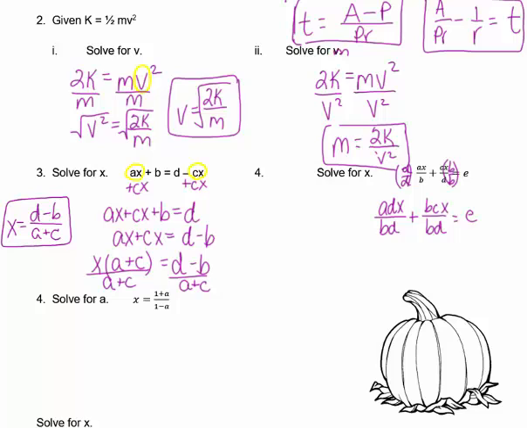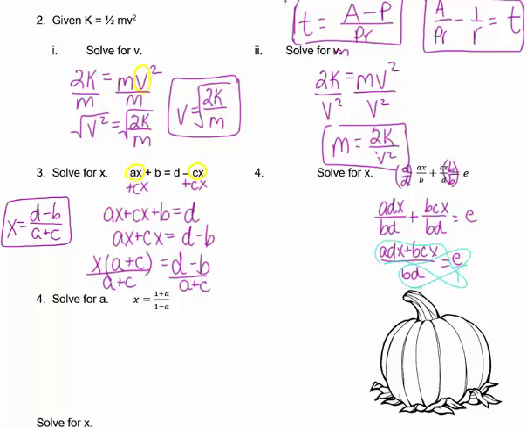So now I can add those two numerators, giving me adx plus bcx all over bd is equal to e, and then I can simply cross multiply, that strategy that we've used before. I can make that into a fraction and cross multiply this side with this side.